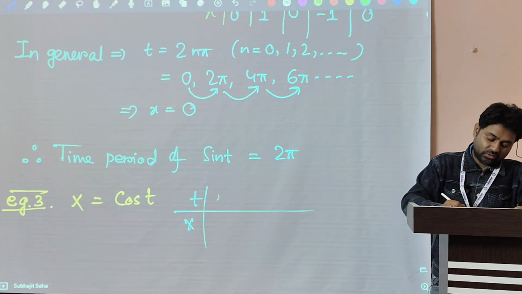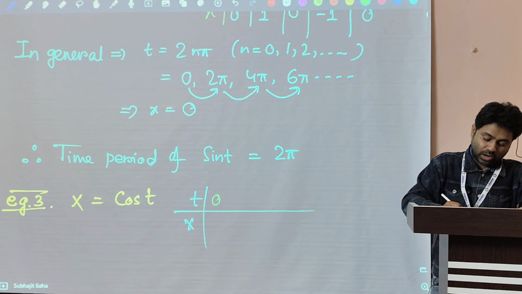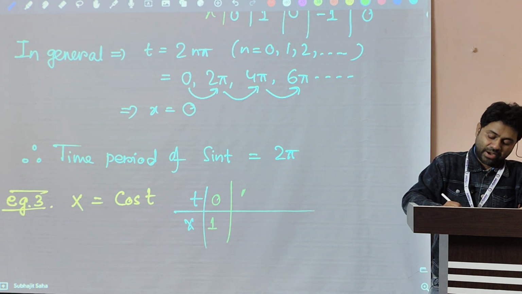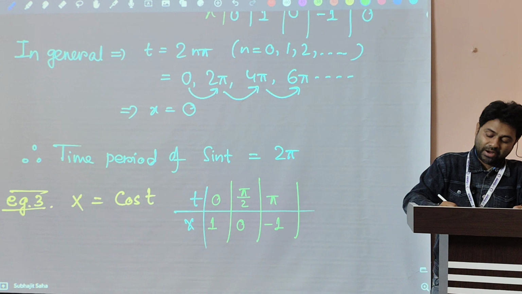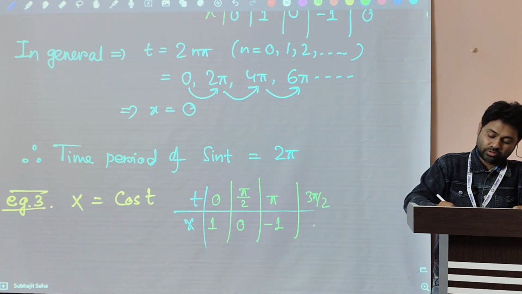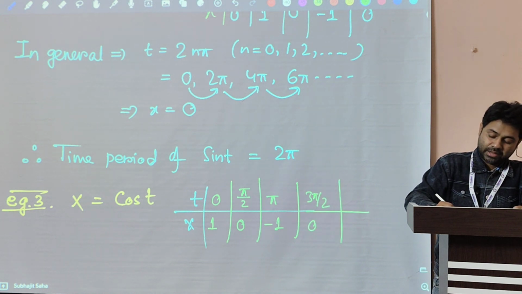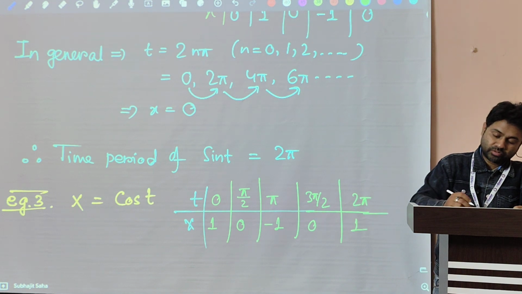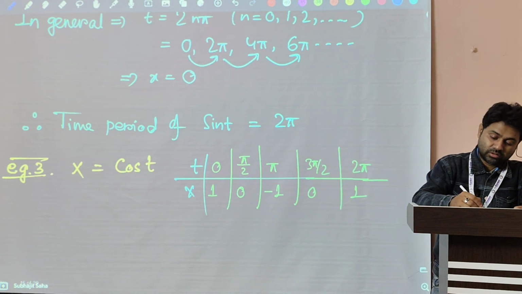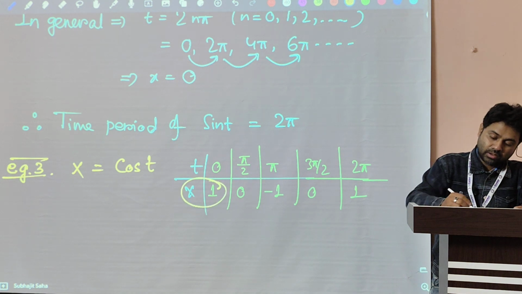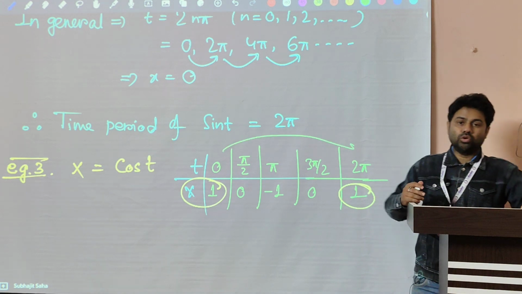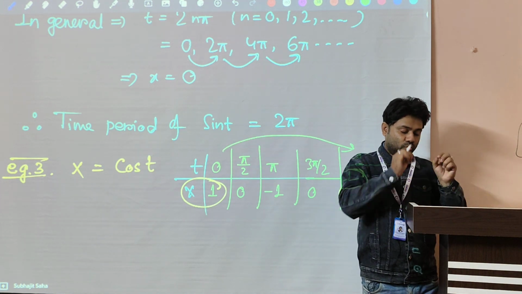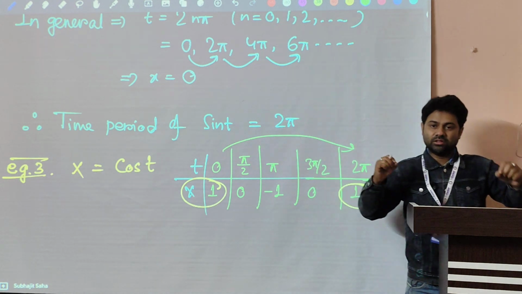You put t equal to 0, cos 0 is 1, pi by 2, 0, pi -1, 3 pi by 2, 0, 2 pi, 1. So look at the repetition. The value of x is repeated after an interval of 2 pi. You go from 0 to 2 pi, value of x becomes 1, 0, -1, 0 and again 1.